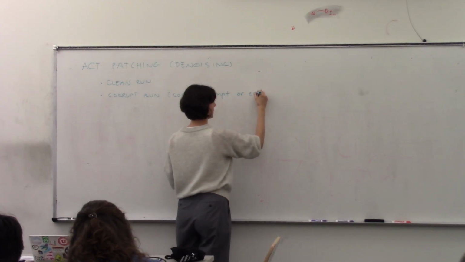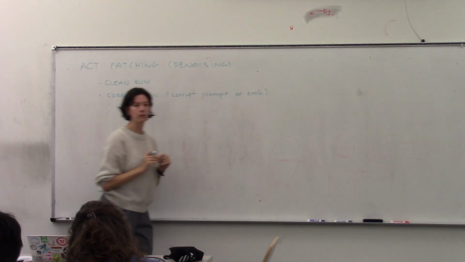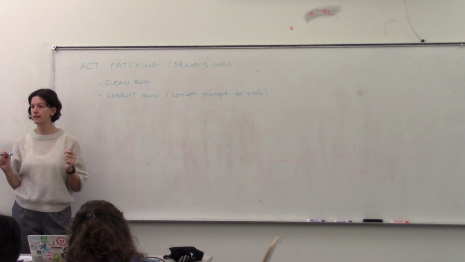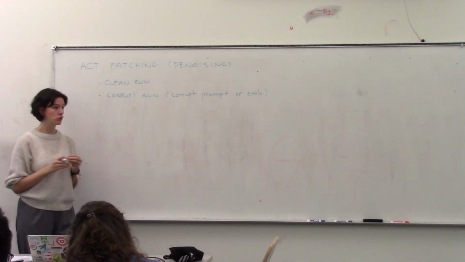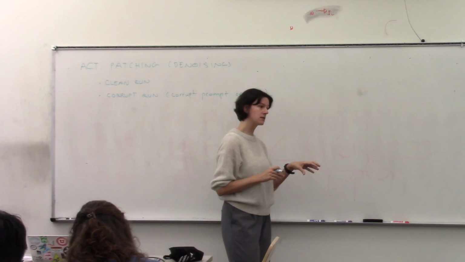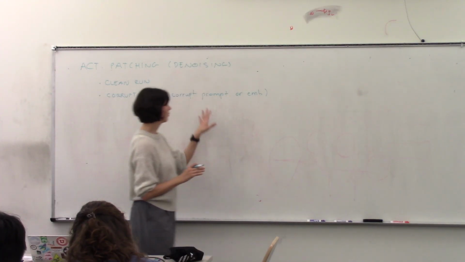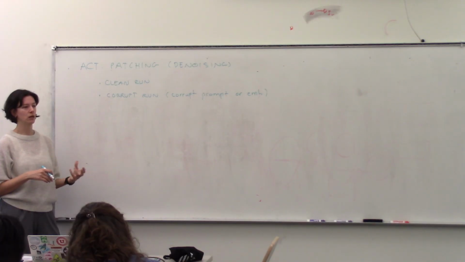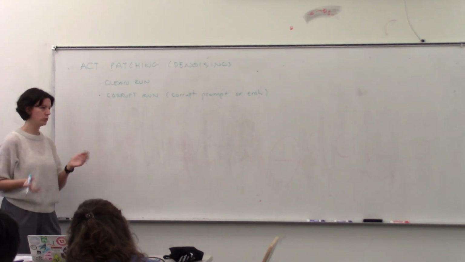For example, when I say corrupt embedding, remember that example of the Space Needle is in downtown. We didn't change the actual words, but we added noise to the embeddings, and this is how we corrupted it. Corrupting the prompt means we actually changed the words, so instead of choosing Space Needle as a landmark, we would choose another one.